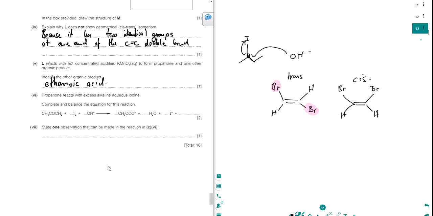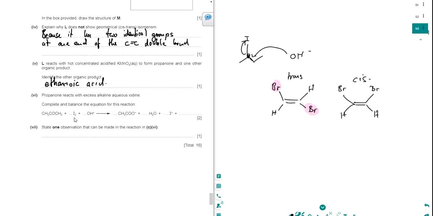Propanone reacts with excess alkaline aqueous iodine. Complete and balance the equation for this reaction. So you can try that on your own. You can pause the video and try to balance this equation.